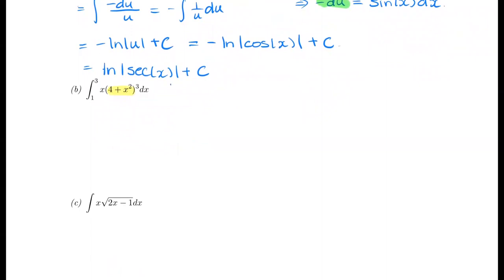If we let u be 4 plus x squared, then du is equal to 2x dx.